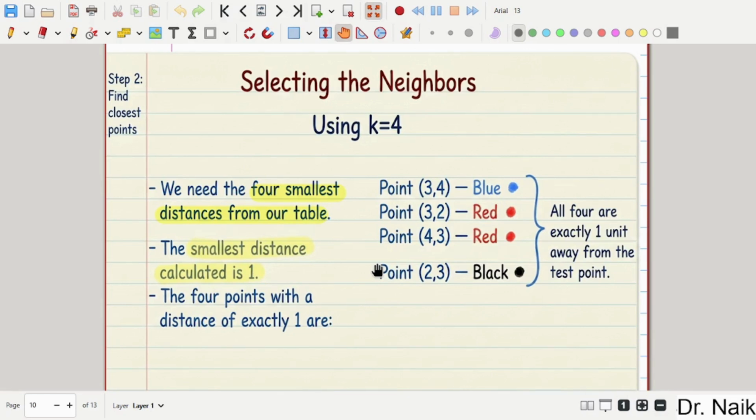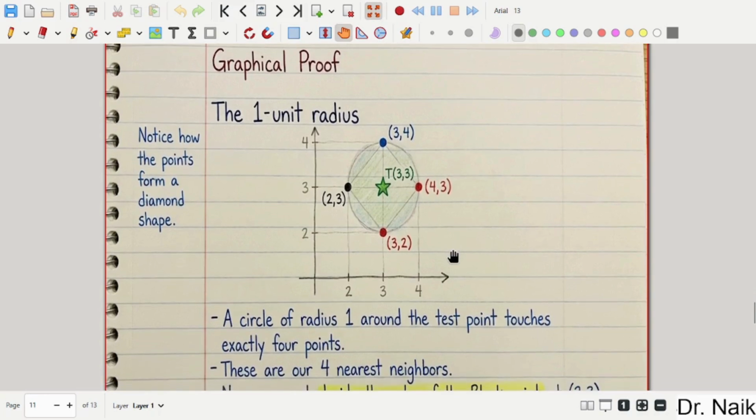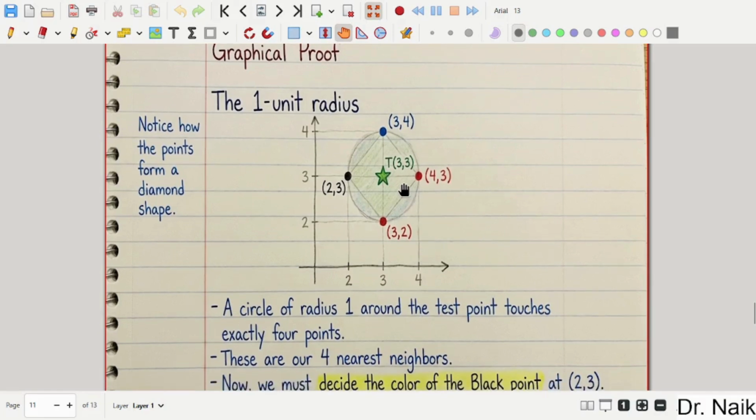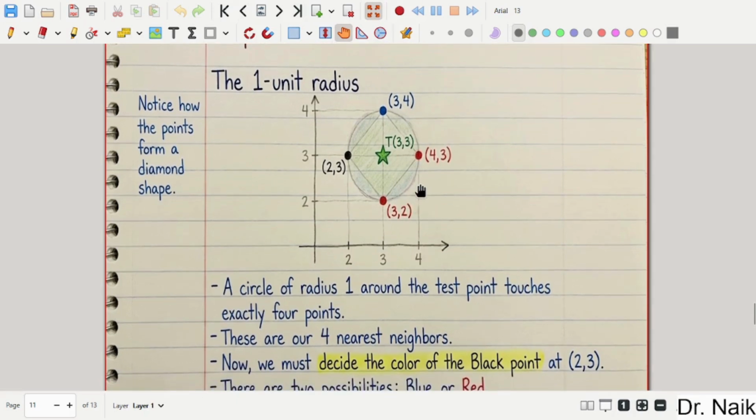The 4 points which have the distance 1 from the test point are point 3, 4 with a class blue, point 3, 2 with a class red, point 4, 3 with a class red, and point 2, 3 which is currently black. So this is a geometrical proof of our nearest points. A circle of radius 1 around the test point touches exactly these 4 points. So these are our 4 nearest neighbors.